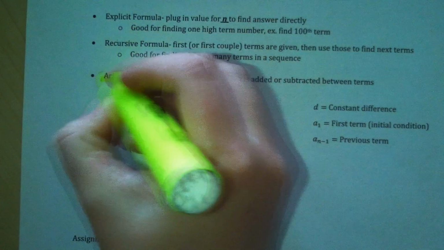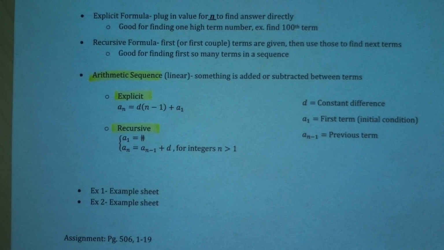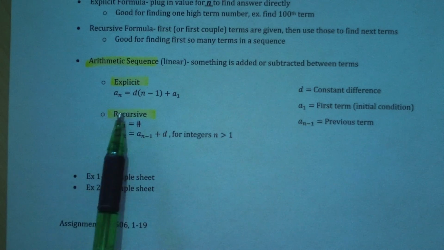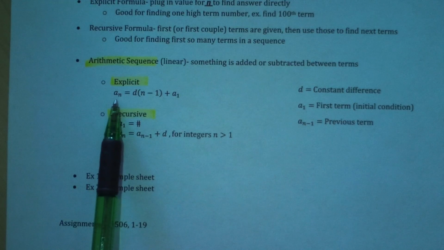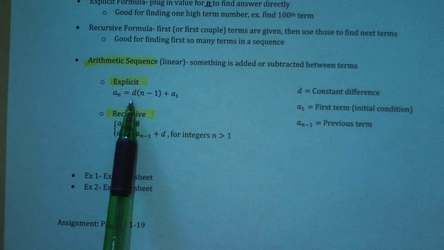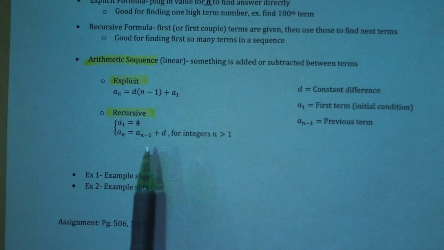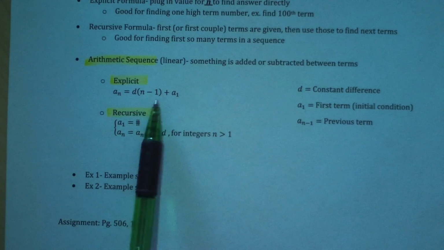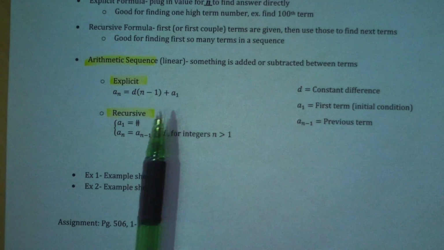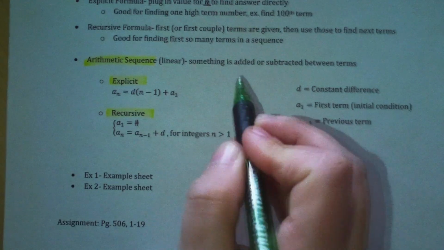So our explicit here is going to be written as a sub n, and again that's just the term value that we're going to kick out, is equal to d, which stands for constant difference, so however much we're changing by each time is what that value is going to be, times parentheses n minus 1, plus a sub 1, which is always our first term, or the number that's in our first position. And with our arithmetic stuff, the important thing is it's always something added or subtracted between our terms. When we do geometric tomorrow, it's going to switch to multiply and divide. So added and subtracted between terms is what we're looking at today.